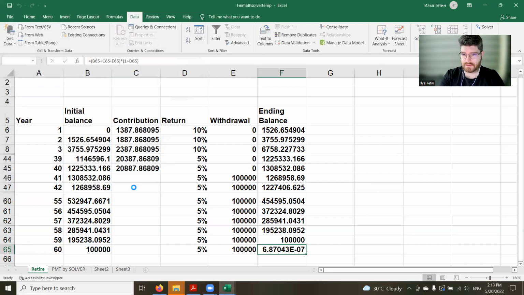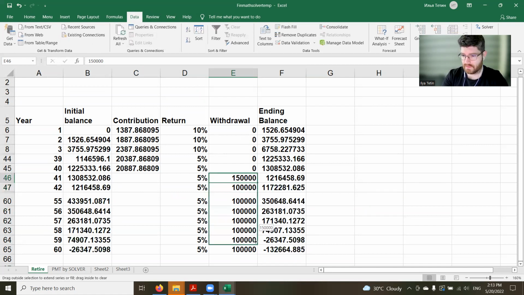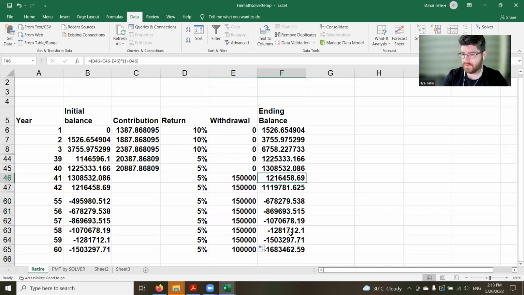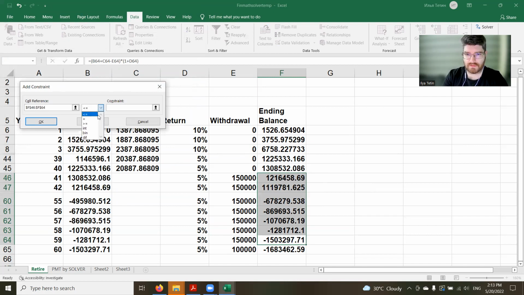Okay, and this works, and let's find out whether it is possible to make those work. And each of these cells should be more or equal to 150,000. Let's set these cells more or equal to 150.